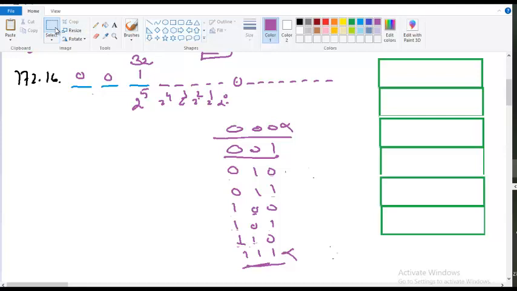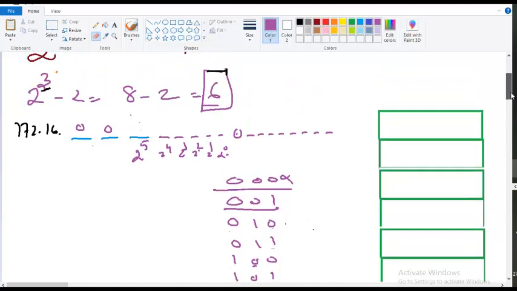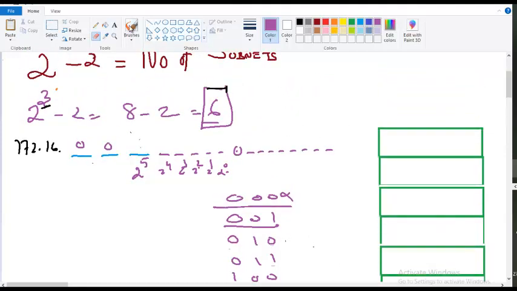So we need a reference to do this easily. So what I'll do is I'll write here 8 bits.